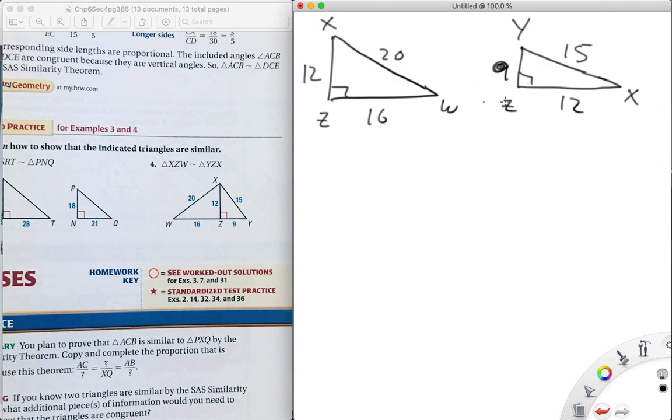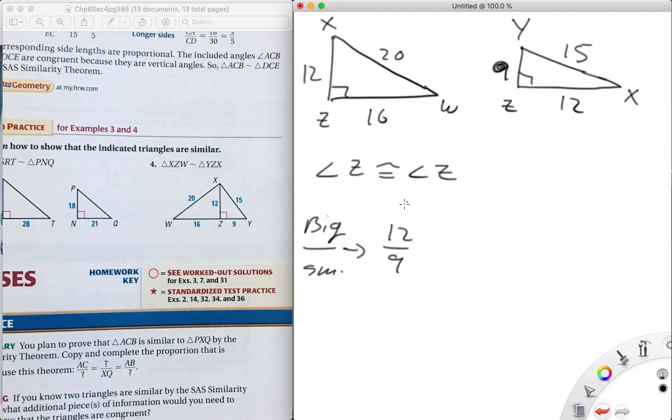Okay, they both share angle Z, so angle Z is congruent to angle Z, so that's good. And again, I'm just setting up my triangles according to longest, biggest, shortest side. So this is big to small. And that's going to be, I'll do 12 to 9.